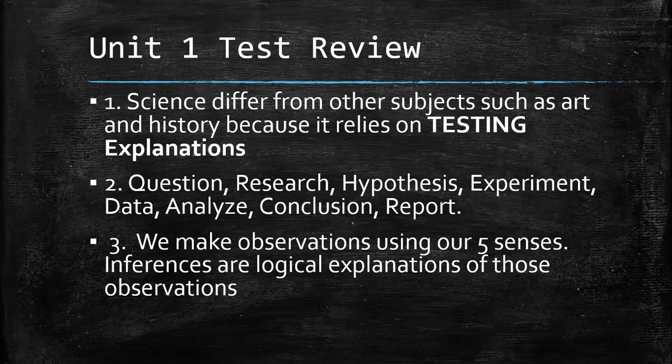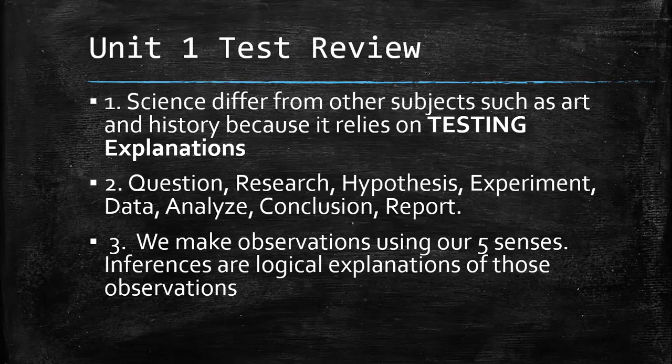Number two asks you to discuss briefly the steps of the scientific method. Remember that you begin with an observation, and from there you develop a question. After the question, you do research. The research then allows you to develop a hypothesis, and the hypothesis must identify your variables, and it also must be testable.